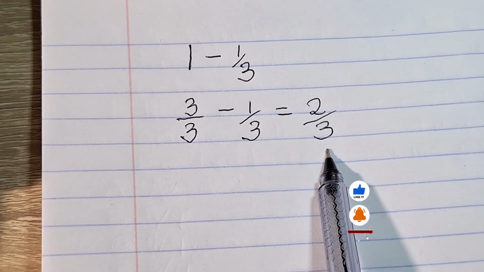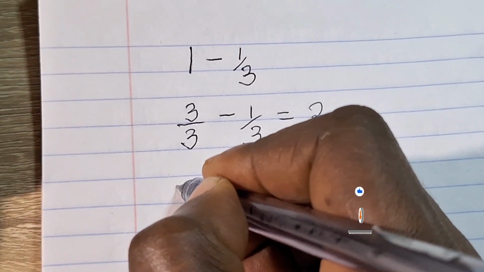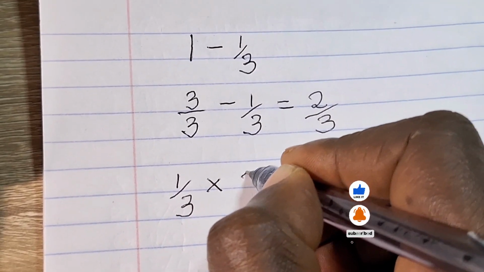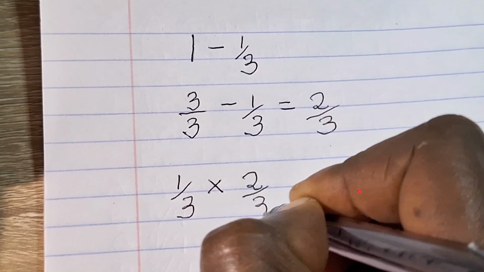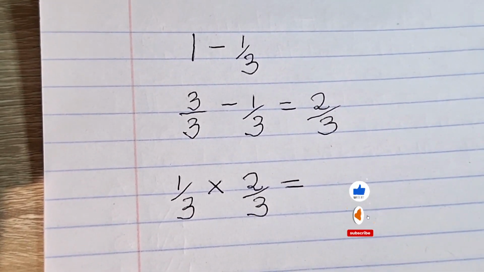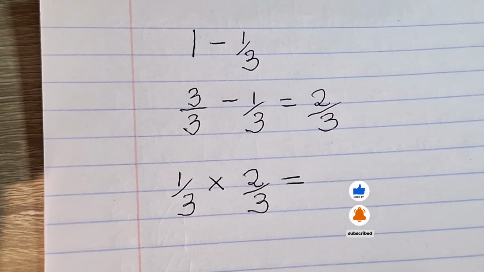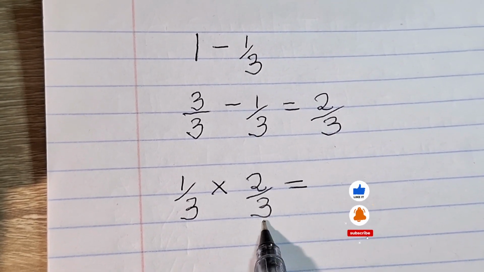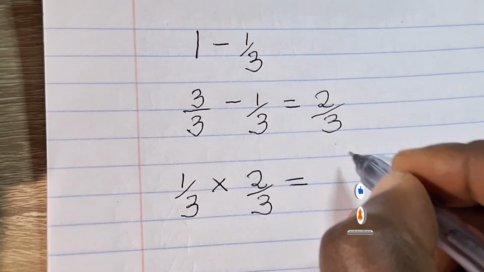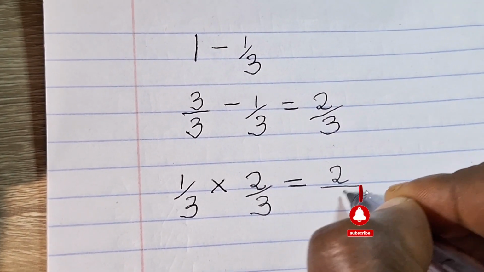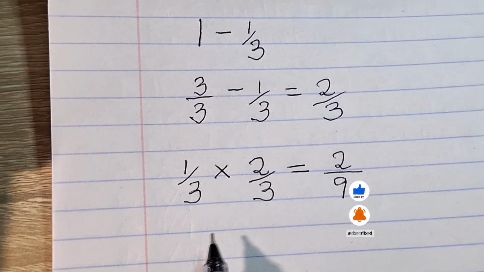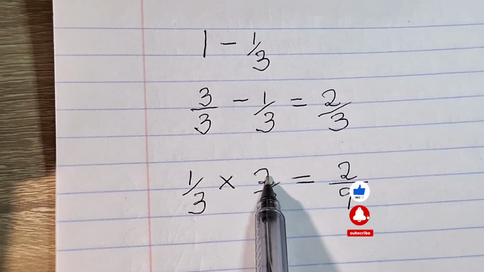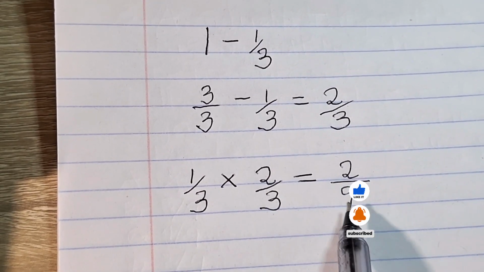And remember, the question says that he spent 1 over 3 of the remaining. So now I'm going to find the fraction he spent on video game, which is 1 over 3 of the remaining. So this is 2 over 9, because multiplication of fraction, you multiply horizontally. 1 times 2, 2, 3 times 3, 9.